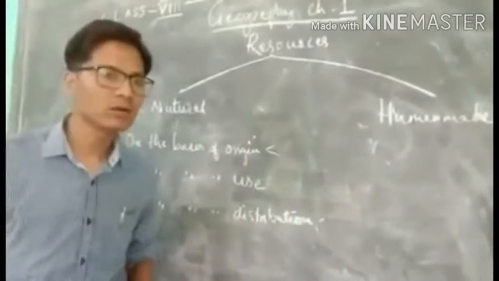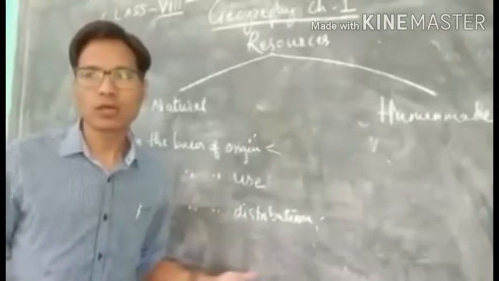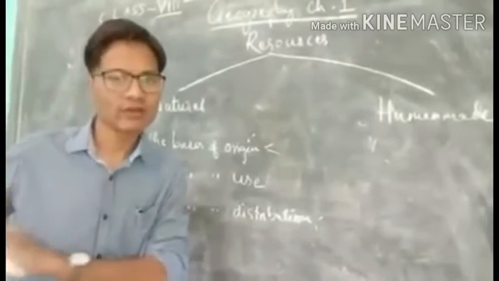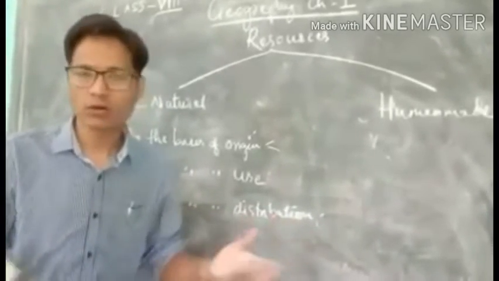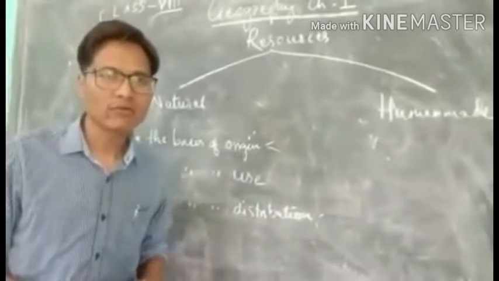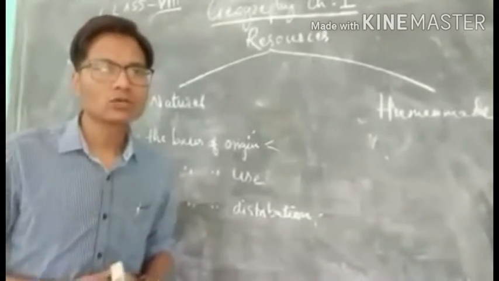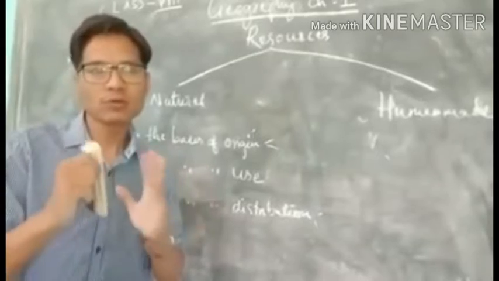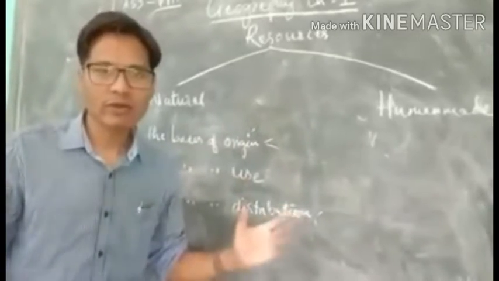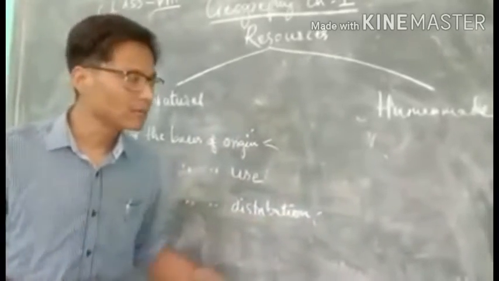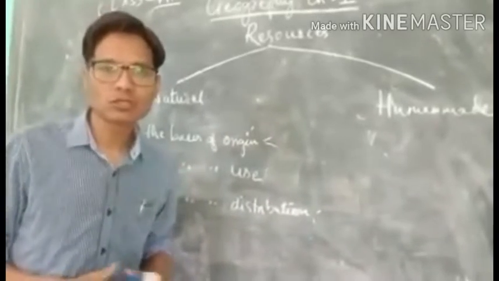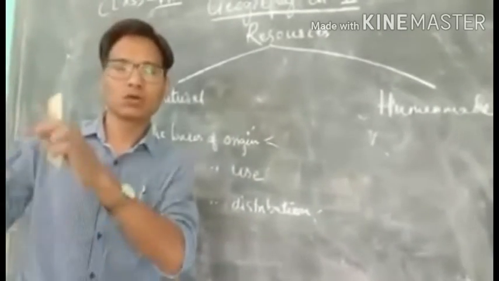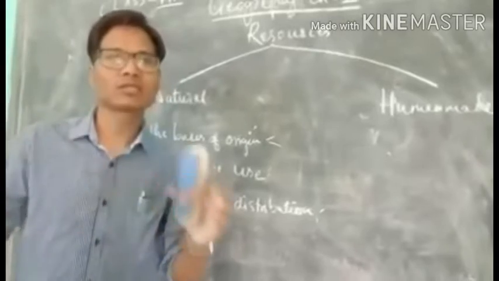Even soil and rocks, although soil is also of different types, are available just everywhere. They are available a lot. But localized resources are those which are found in certain localized areas. They are not found just everywhere.